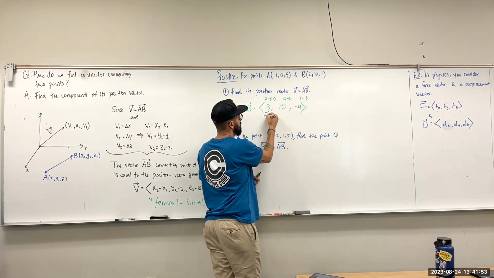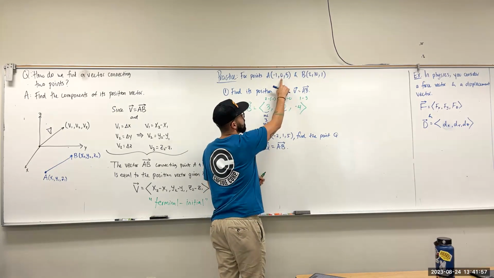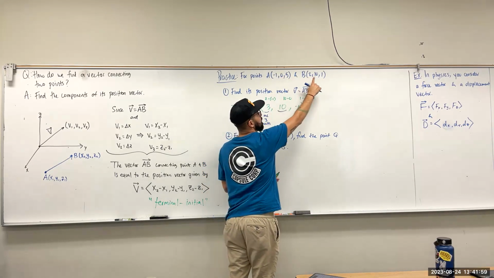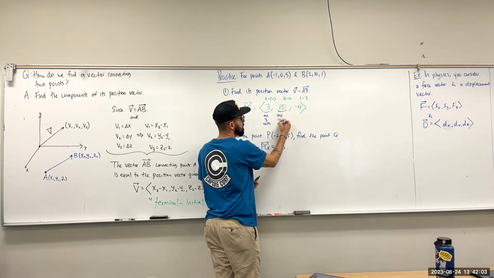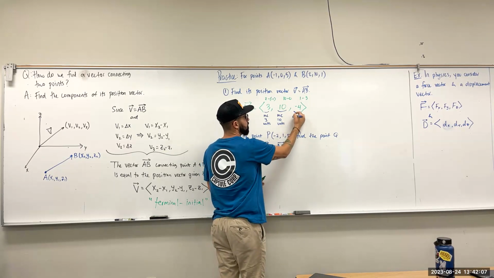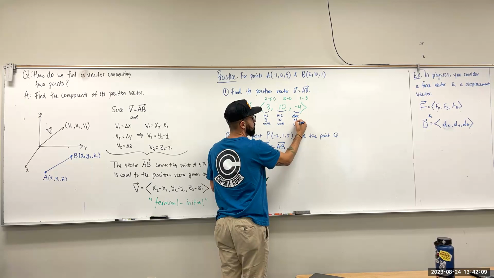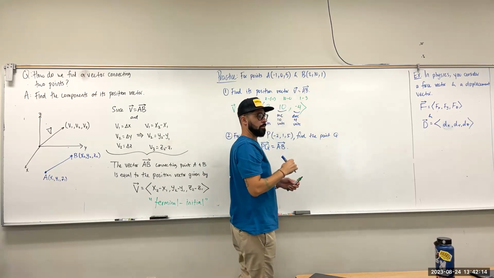This tells you that y increases by 10 units. But this is negative, so it actually decreases 4 units in the z direction. Okay?